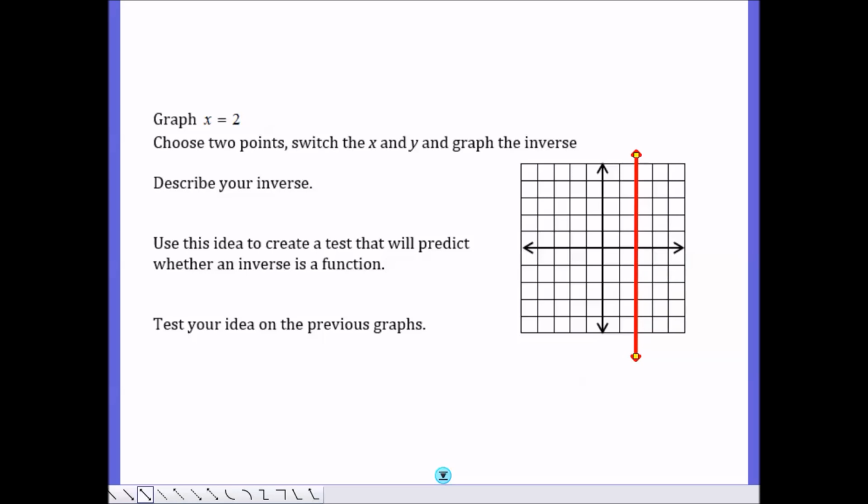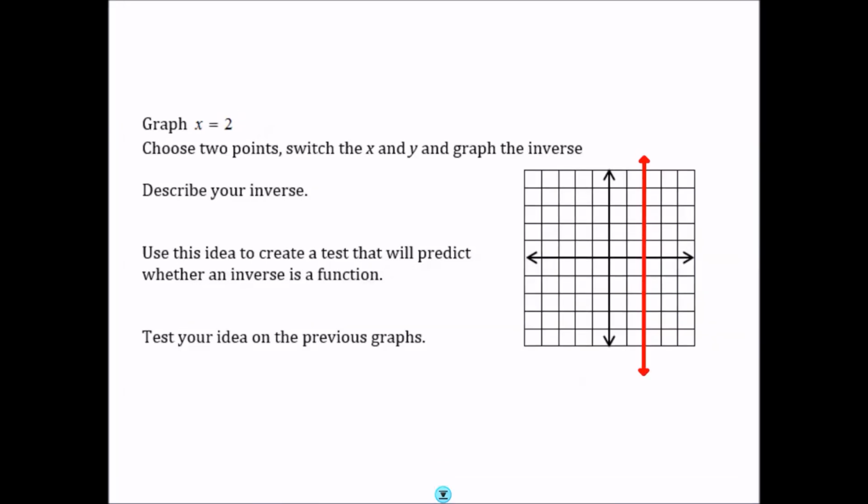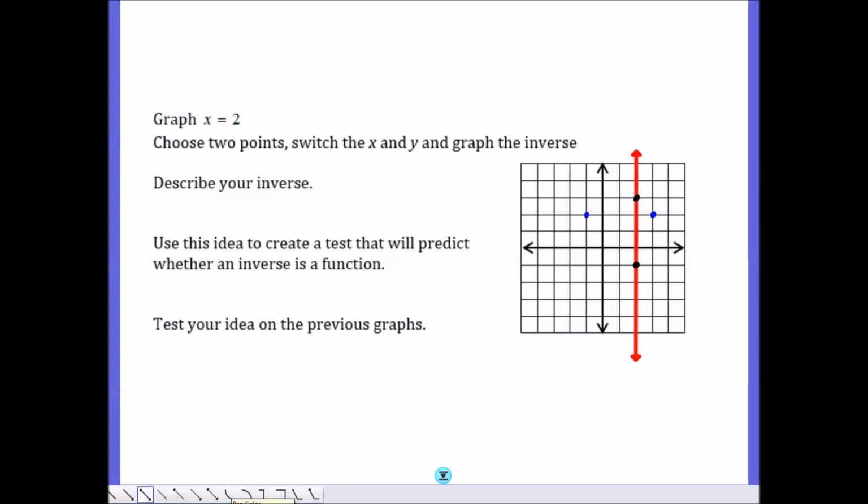So if I pick 2 points on this graph, and I switch the x's and the y's, so I took the point 2, 3, I'm going to switch it to be 3, 2, and I took the point 2, -1, I'm going to switch it to be -1, 2, and I connect those dots, I'm going to end up with a horizontal line at 2 as my inverse.